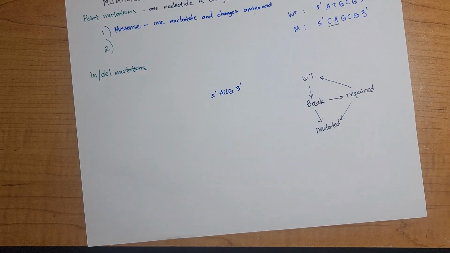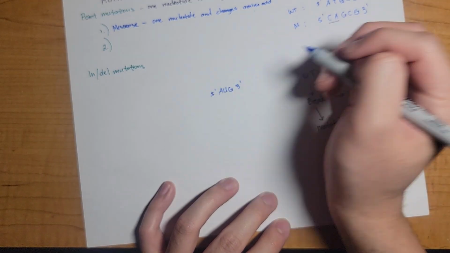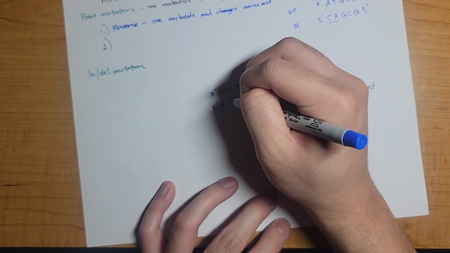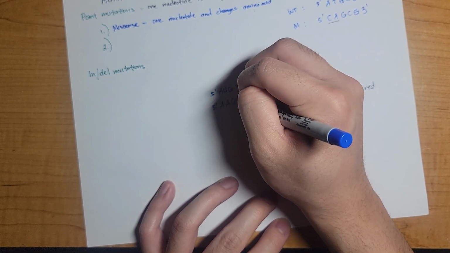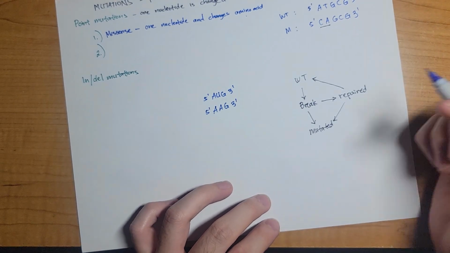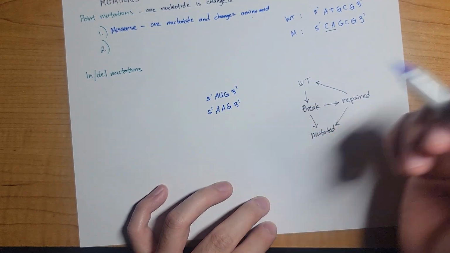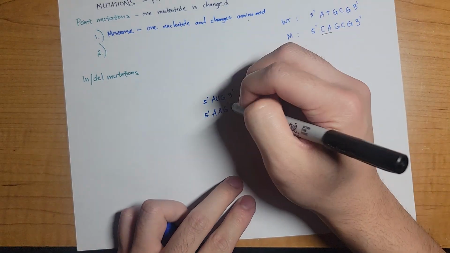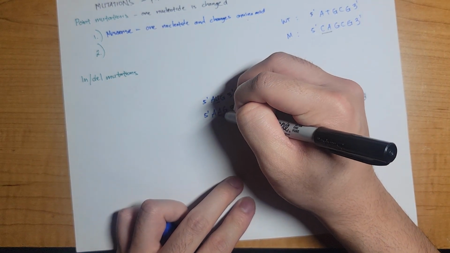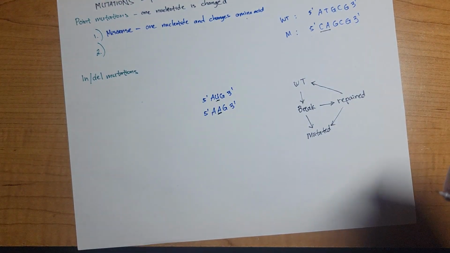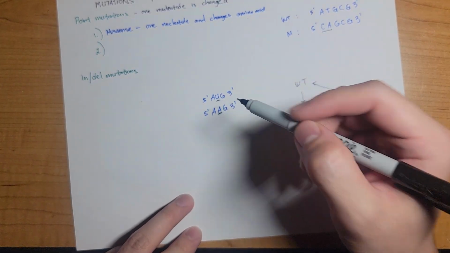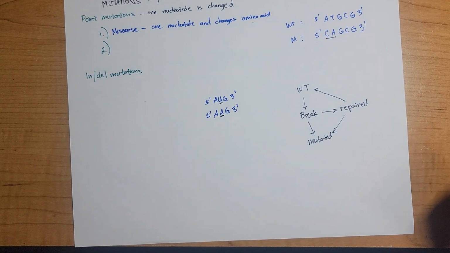So if this was mutated, let's say the mutation was AAG. Now that's a missense, right? Because only one nucleotide was changed, but it changes the amino acid that will be produced. So this type of mutation is a missense mutation.